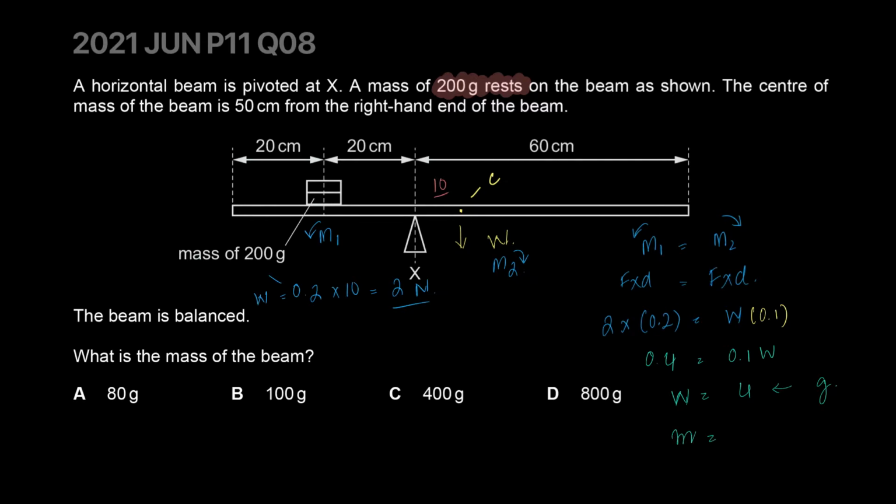So divided by 10, that's 0.4 kilograms, which is 400 grams. The answer is C.